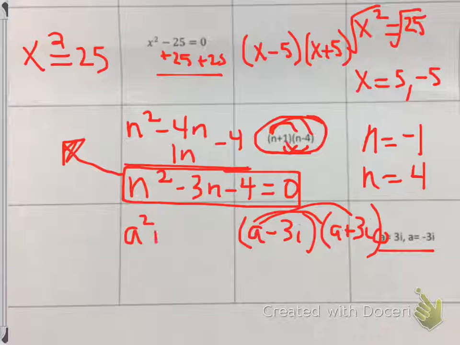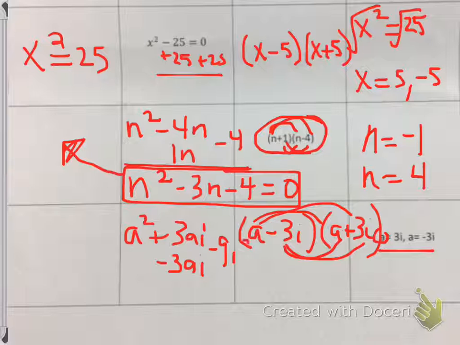A times 3i, which is 3ai, kind of messy, but that's the way it's going to be. And a negative 3i times a would be a negative 3ai. And then a negative 3i times 3i would be a minus 9i squared. These middle terms canceled each other out, so I have a squared, and then I would have minus 9i squared.